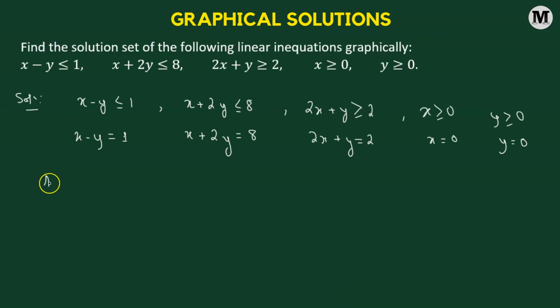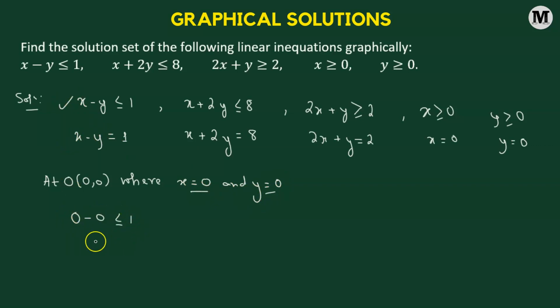We choose the origin (0, 0), where the x value is 0 and the y value is 0 as well, and substitute it into the linear inequality. We get 0 minus 0 less than or equal to 1, which gives us 0 less than or equal to 1. Is that a true statement?